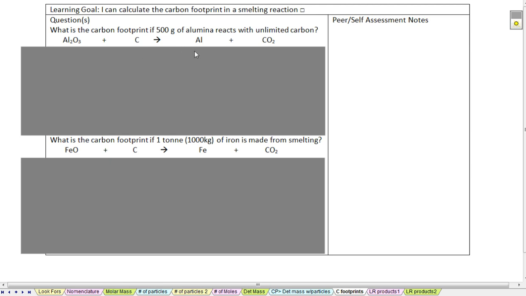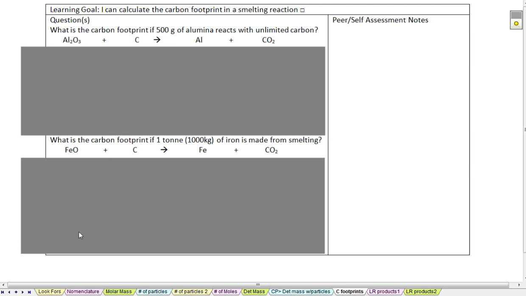What that does is it removes the oxygen off the metal to produce you a solid form of the metal, and then typically your byproduct would be carbon dioxide if it's an oxide, or if it's a sulfide ore, you would get sulfur dioxide.